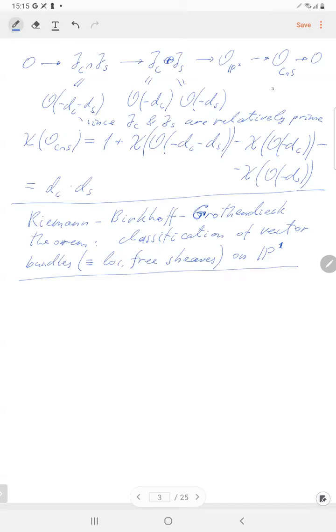So for P1, the answer is explicit and elementary, and I will explain it in a moment. But already starting from elliptic curves and higher genera, the answer is more and more involved. First of all, the answer for the projective line will be discrete.